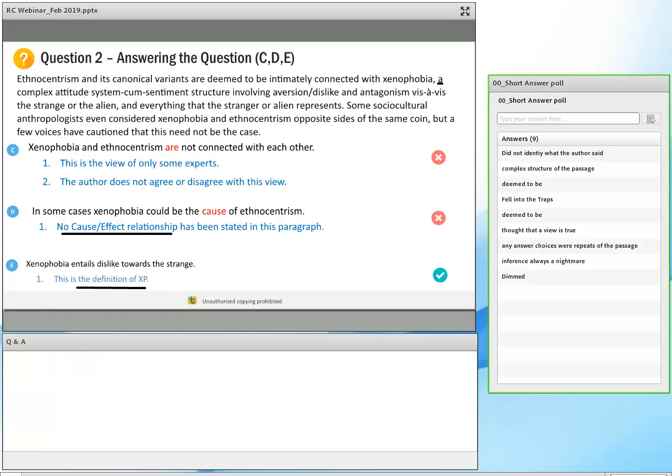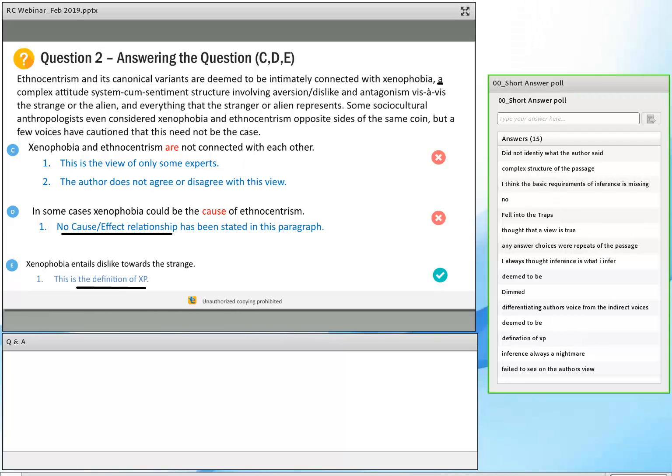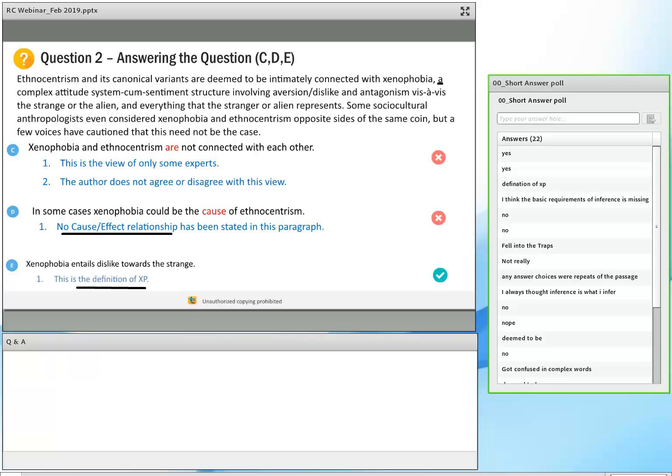All right, so this passage also has some complex words, right? Now, do those words have a whole lot to do with the correct answer? So that is good, and you can really see this over here.